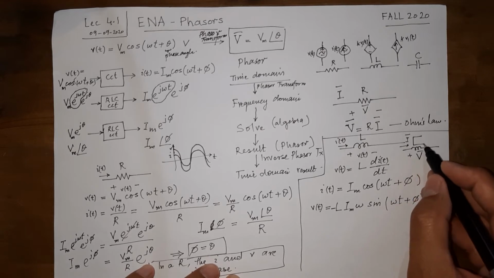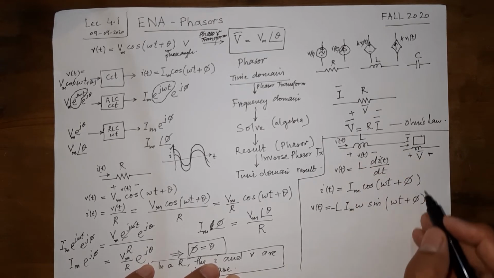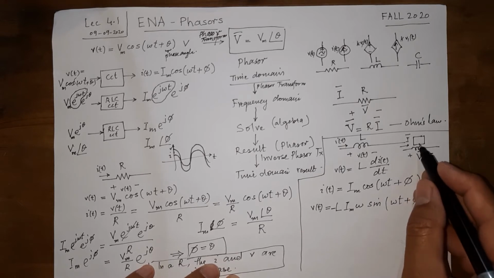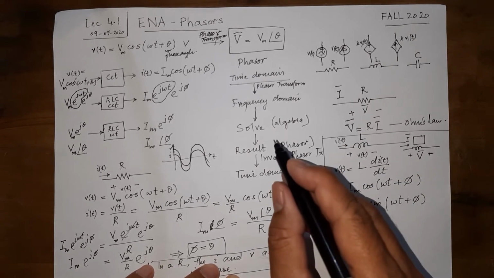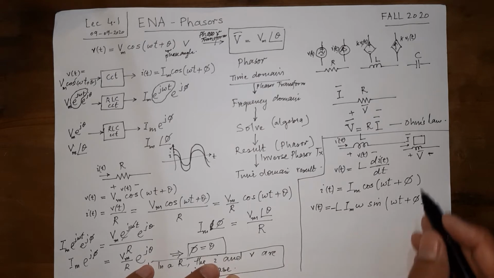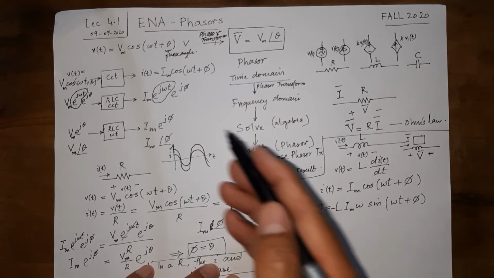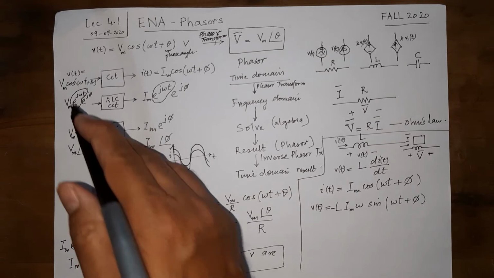What happens to the inductance is to be seen, and how can this V and I be related in the frequency domain when V and I are phasors? So it's not clear from here. So instead, let us go to that complex number approach.